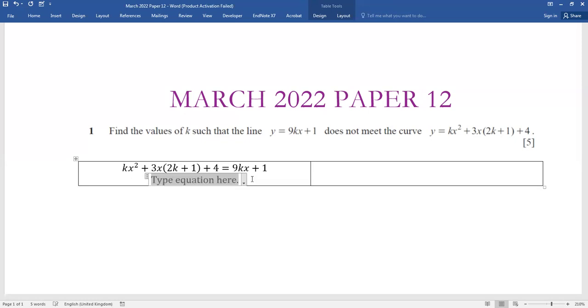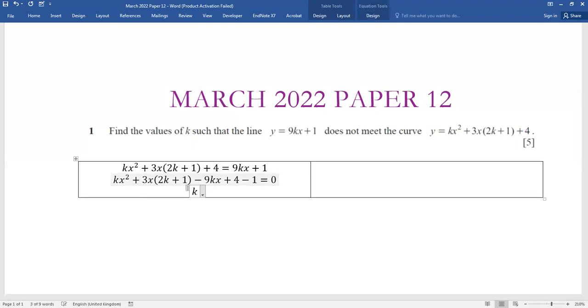So yeah, now I know that the question says that if I solve them simultaneously, I must not get any solution, right? 9kx + 4 - 1 = 0. So kx² + 3x(2k + 1) - 9kx + 3 = 0.